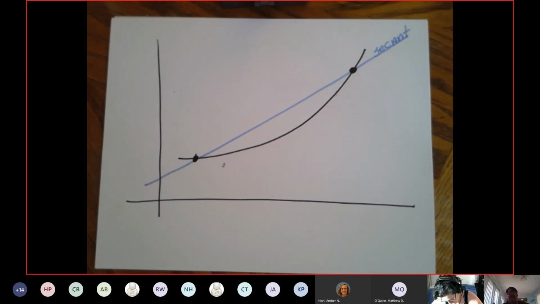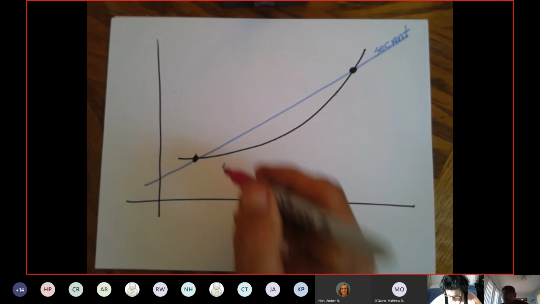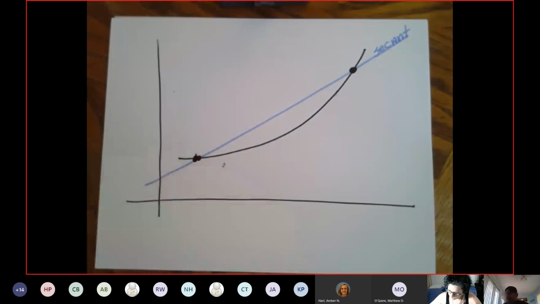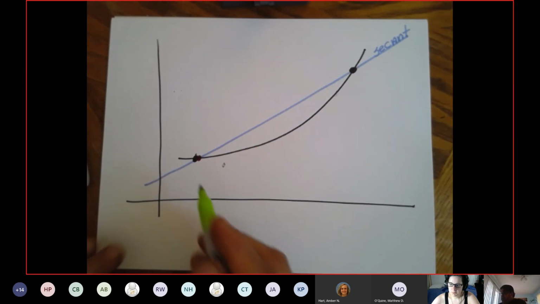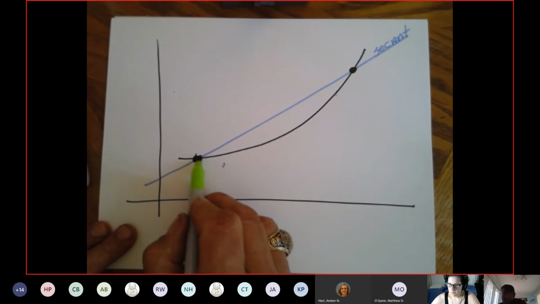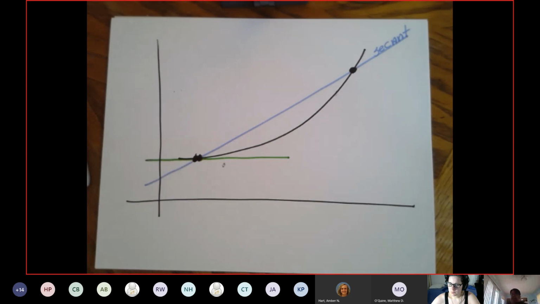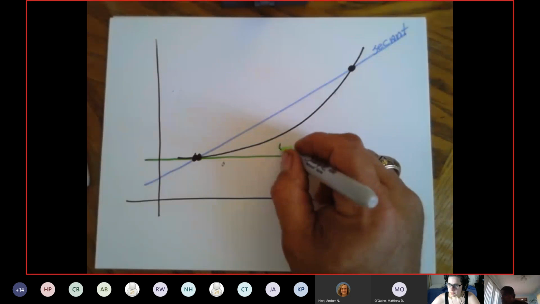And we've got to have the what line? Tangent. We've got to have the tangent line. And how do we get the tangent line? Well, there's the tangent. I'm not going to use that color. I'm going to try to use this light green. We're going to get the tangent line right there. And that's the tangent line.